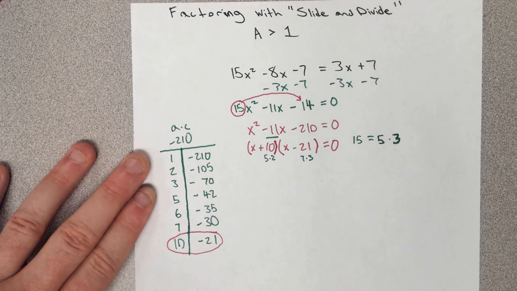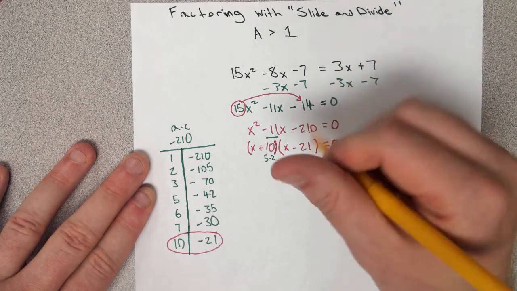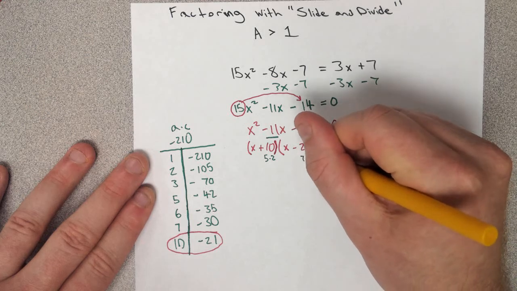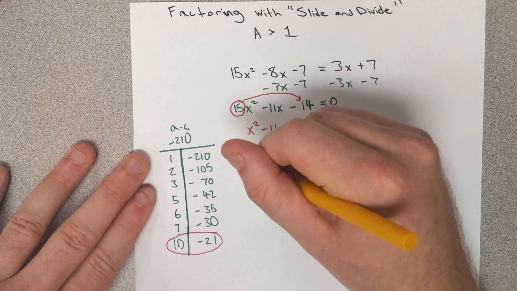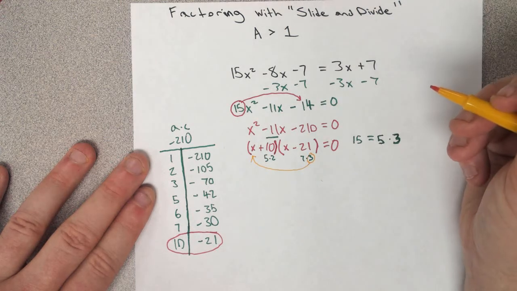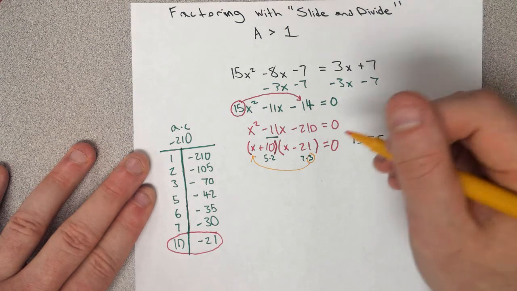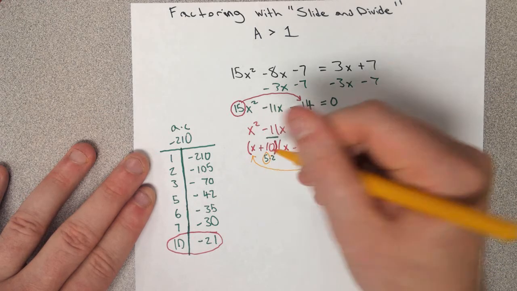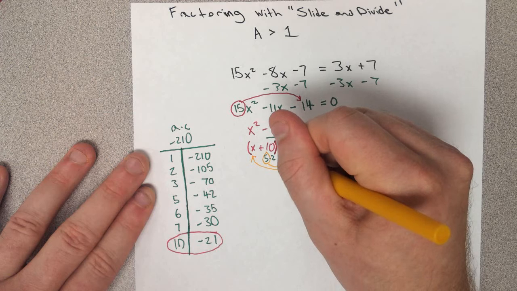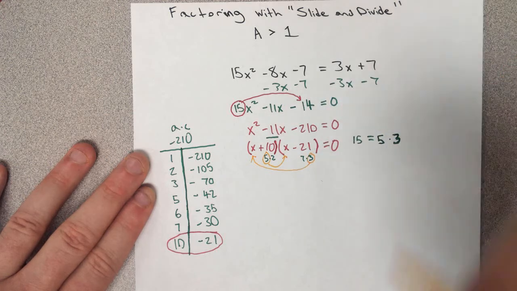So what's going to happen is we have to divide them out. So when we divide out the 3, we're going to put it in front of the x in the opposite factor. Same thing with the 5 over here. When we divide out this 5, we're going to put it in front of the x in the opposite factor.